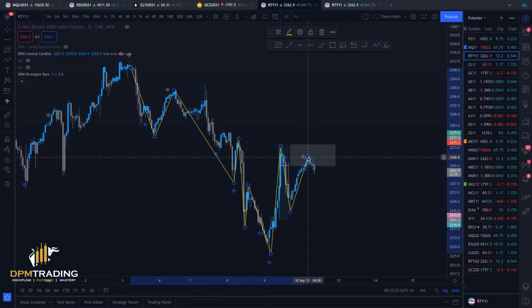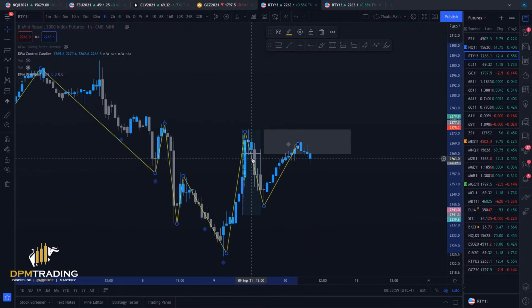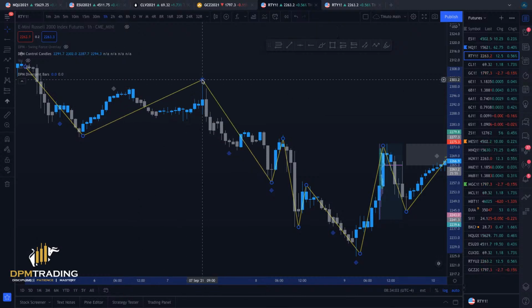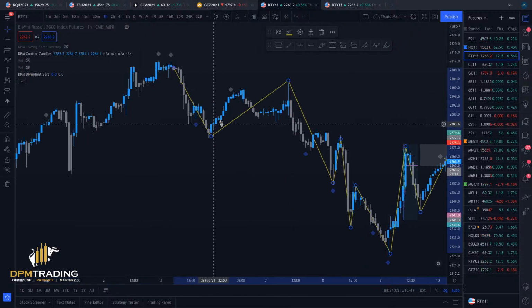But this higher low is only going to matter to us if it continues to break structure. It's kind of sloppy, and maybe this is better off over here.